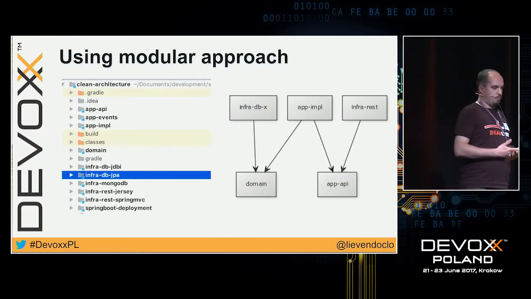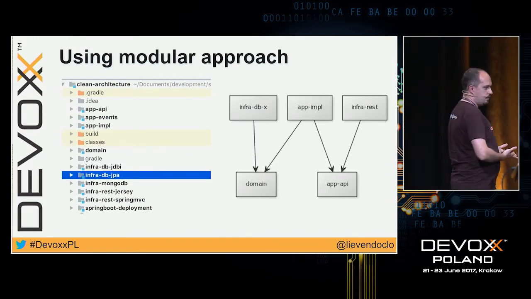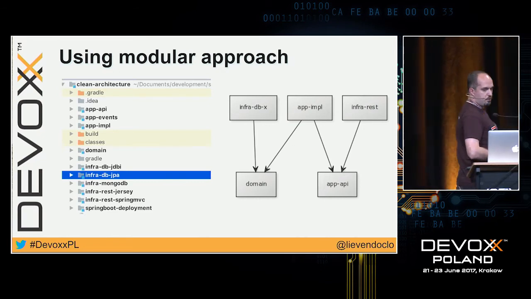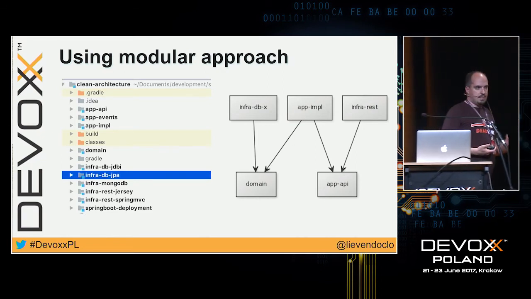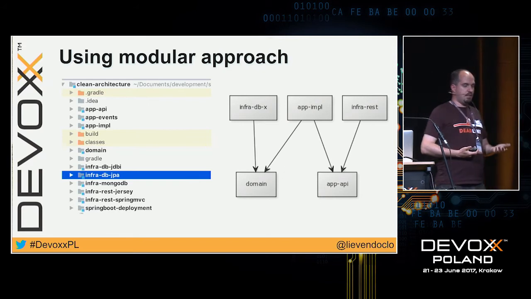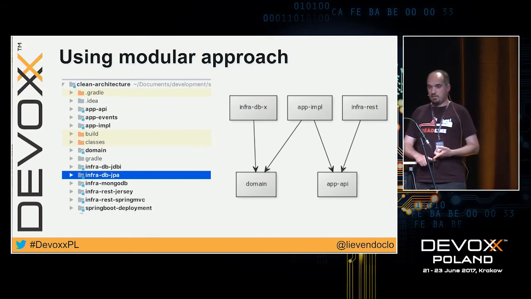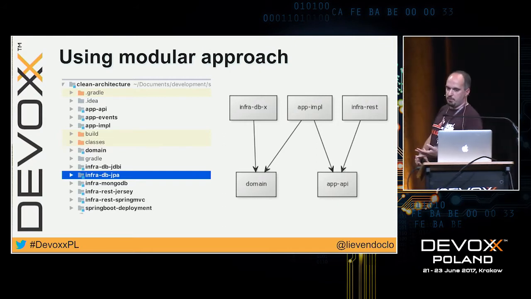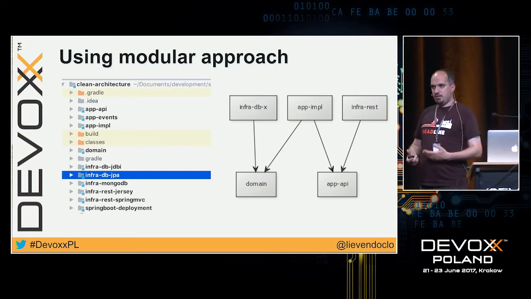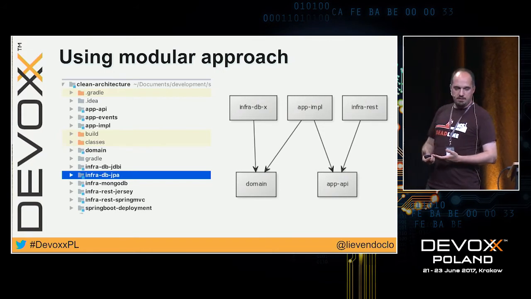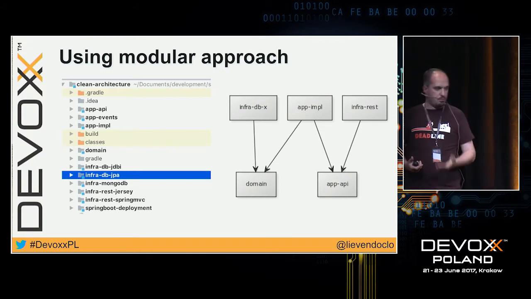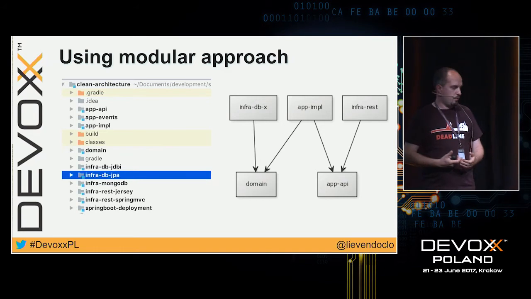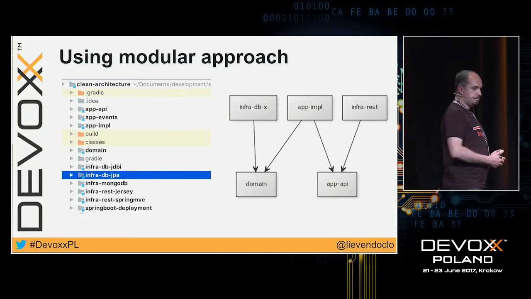If you have a modular approach, then you also have the concept of dependency inversion. For example, the application API contains your use case interfaces, your request models, and your response models. The REST interface will use those interfaces to communicate with your system through your use cases.